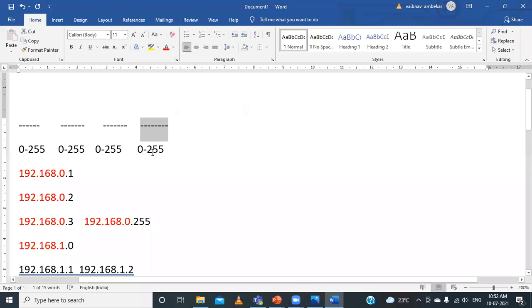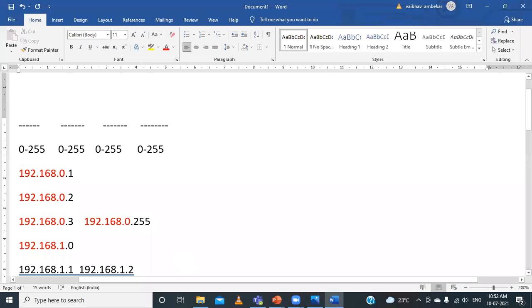This can take from 0 to 255 and we will keep 192.168.0 constant and from 1 to 255. And then we will keep 192.168.1 constant and then from 0 to 255. Then again say we are exhausted with say 700 computers. What we will do?